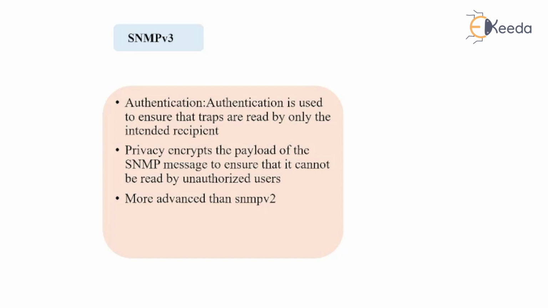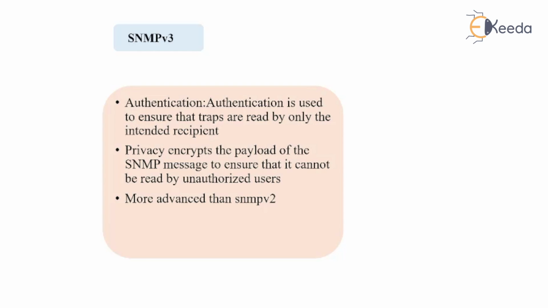Authenticated sender and authenticated receiver are nothing but the correct sender and correct receiver. That means the message is exchanged between the manager and agent, and they both are a valid manager and agent. So the data we transmit between them is passed to a valid sender and valid receiver, and the data becomes more secure.